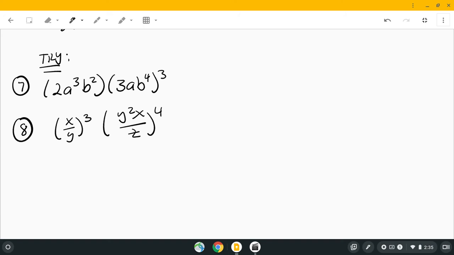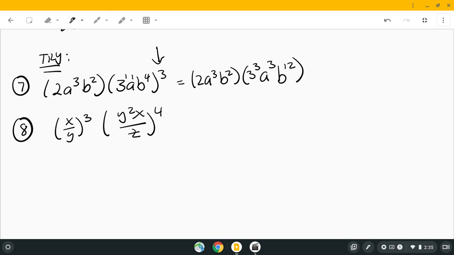Okay, so here, order of operations, we need to do exponents first, so we need to take care of this first. So I'm going to bring this over. And then here I get 3 cubed, a cubed, b to the 12th, because we have to multiply the exponents. If you don't see an exponent, it has an exponent of 1, and so does the a.